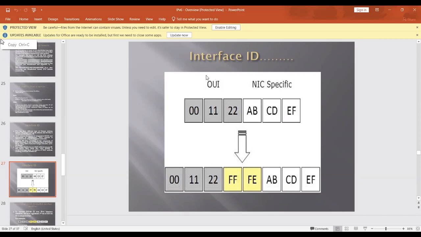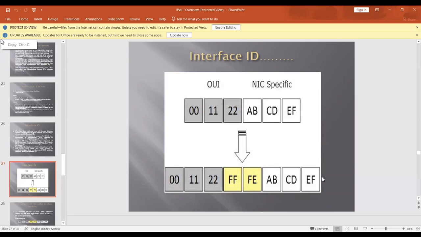One is to recognize the device manufacturer, and this number is given by the manufacturer who manufactured this device. So in between these two parts, we can transplant or sandwich the FFFE block, and we can make it from 48 to 64 bits.